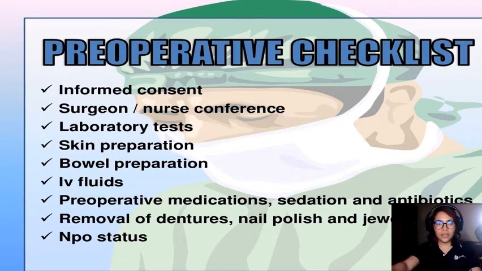Then laboratory test, skin preparation with betadine, bowel preparation, whether an enema was done. IV fluids as well, whether they are the correct IV fluids ordered by the doctor before transporting the patient inside the operating room. Then whether the pre-op medication, sedations, and antibiotics were given.